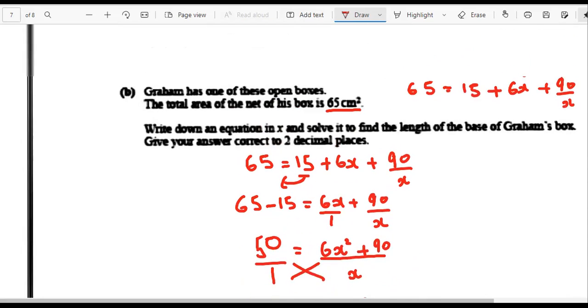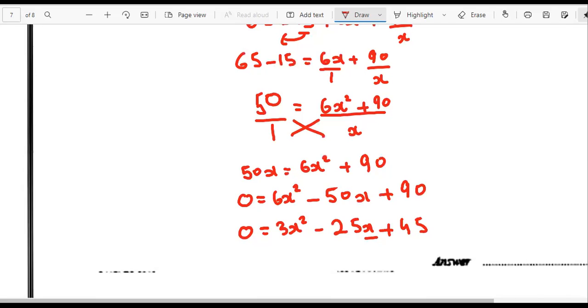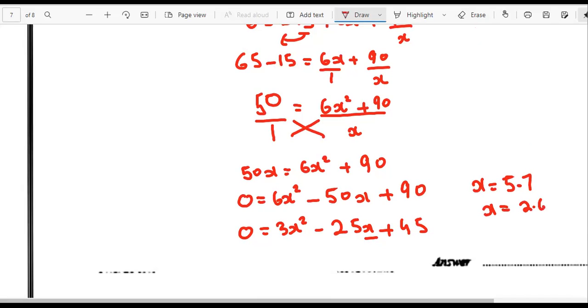Okay. Now we are getting two values. One value is x equals 5.7 and the other one is x equals 2.63.